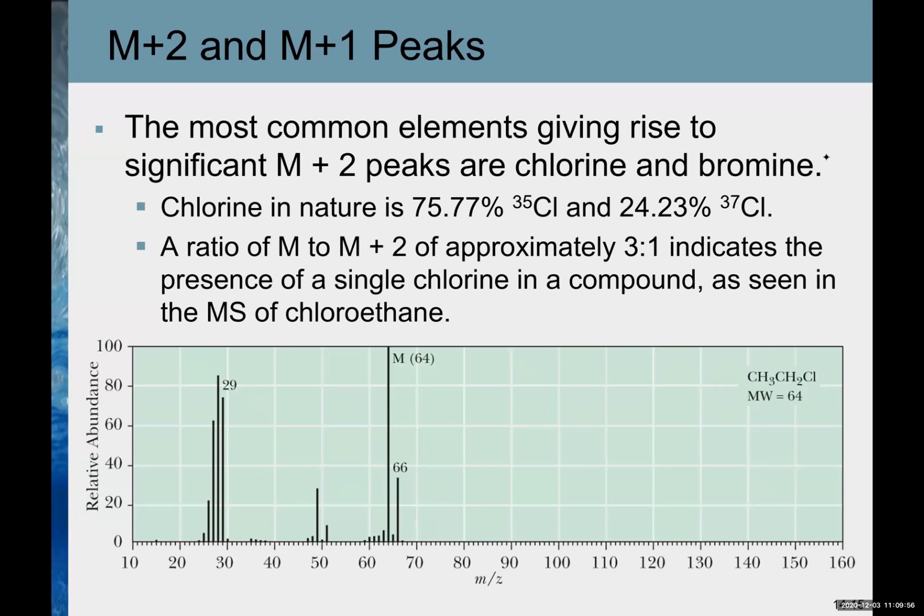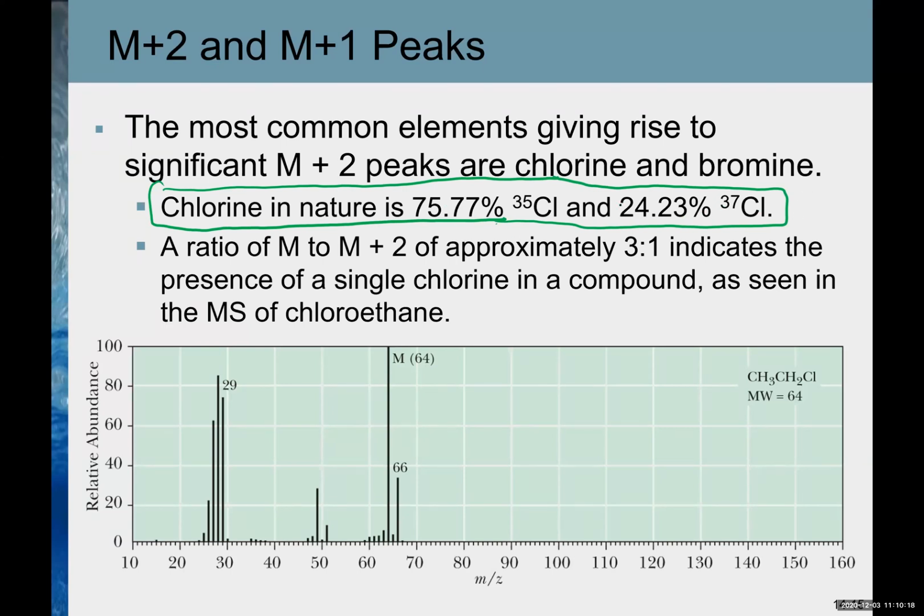Okay, so let's solve this problem. Chlorine in nature, so note down these values. Chlorine in nature is 75.77% chlorine 35 and 24.23% chlorine 37.